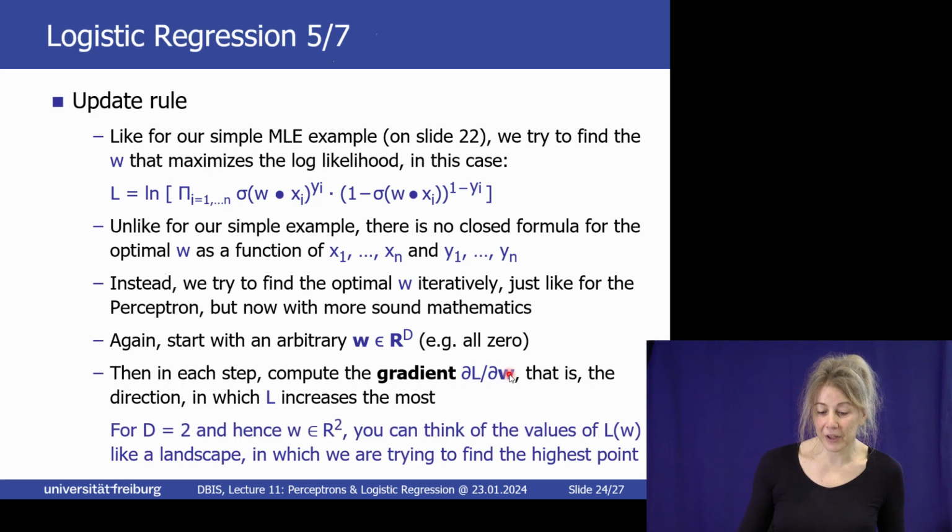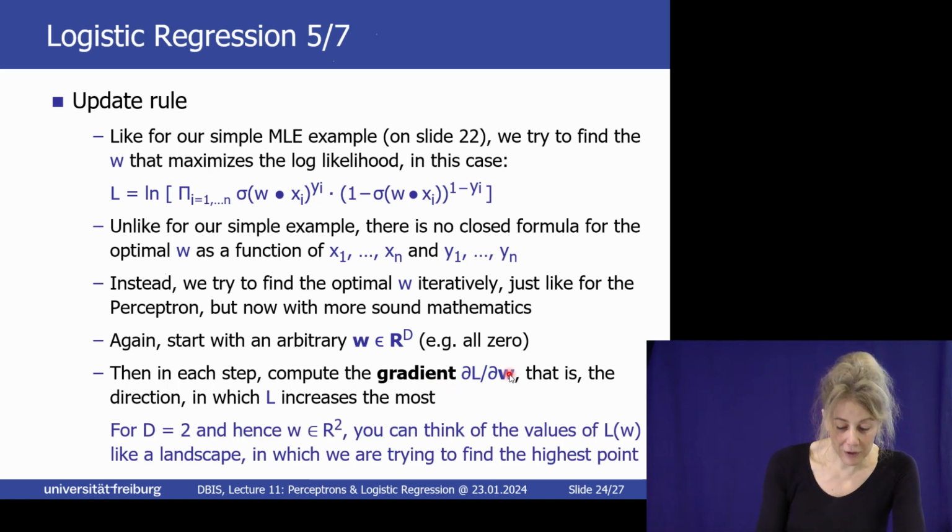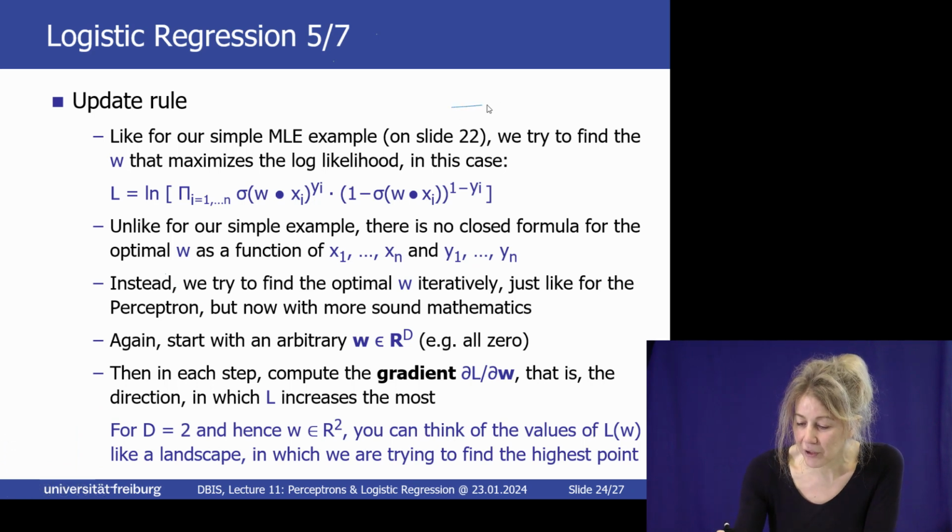Now why do you do that? That's actually also not hard to understand, and you maybe have already seen this somewhere. Let me do it in a 1D landscape, since I can't draw a 2D landscape, so I'm drawing a function here, right?